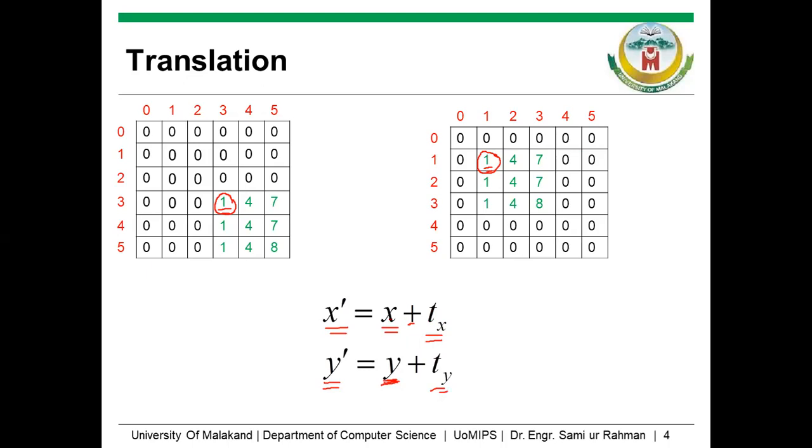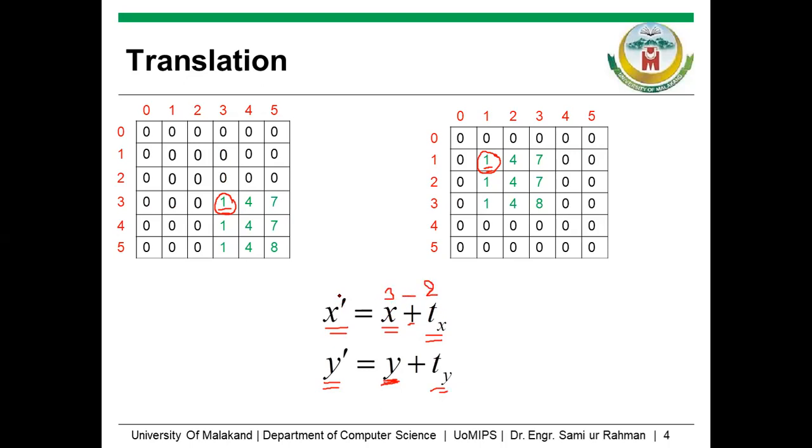Here it has moved upward 2 points, so it is x minus tx, 3 minus 2, which is equal to 1.